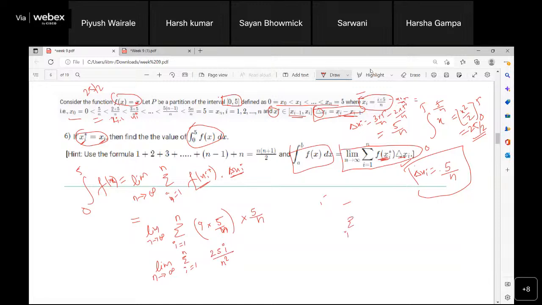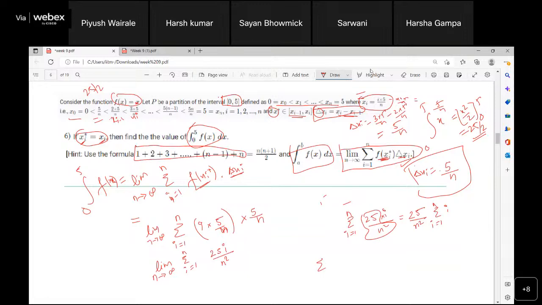Now tell me, what is this 25 i by n square? 25 by n square is a constant term, so I can take it outside the summation. The summation of i varies from 1 to n of i is given to us, n into n plus 1 by 2.